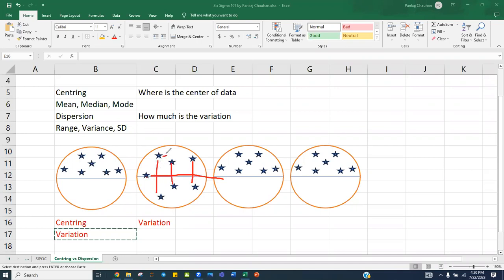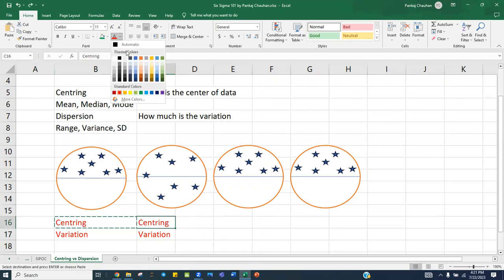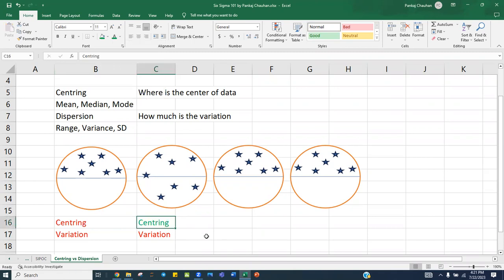When you take the plus and minus of this data, it will make 0. Suppose this value is +3, so this value is -3. So +3 and -3 will become 0. The data will make 0 as an average, which means the data is in the center, but it's a problem with the variation. If I look from the centering perspective, I have no issue here. Data is perfectly in the center, but the problem is with the variation in this data set. I hope that is clear.